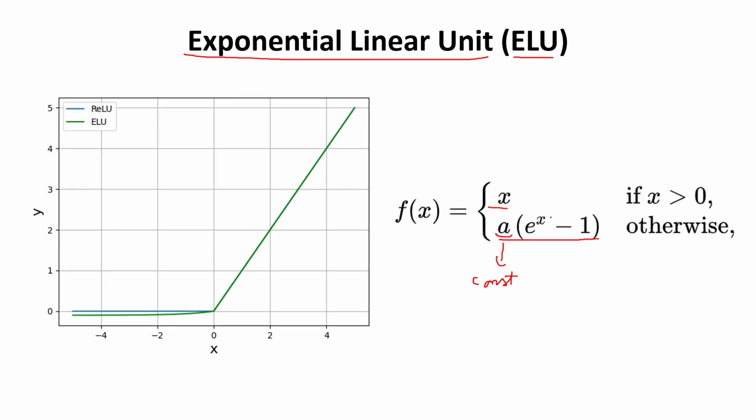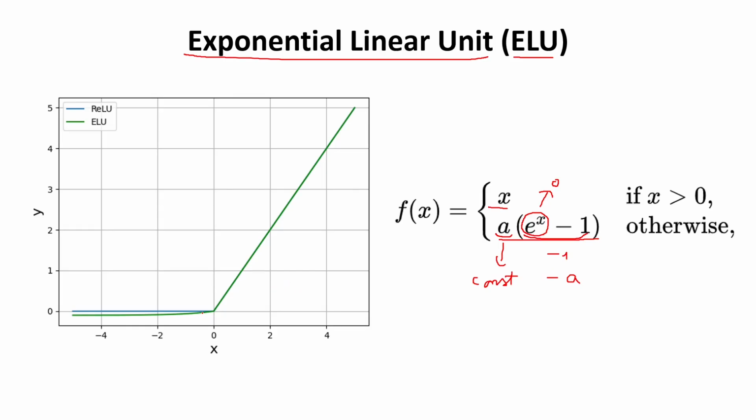What happens here is that as x tends to minus infinity, e to the power of x tends to 0. So in some way, everything here tends to minus 1. And this minus 1 is multiplied by a, and basically everything tends to minus a as we go to minus infinity.